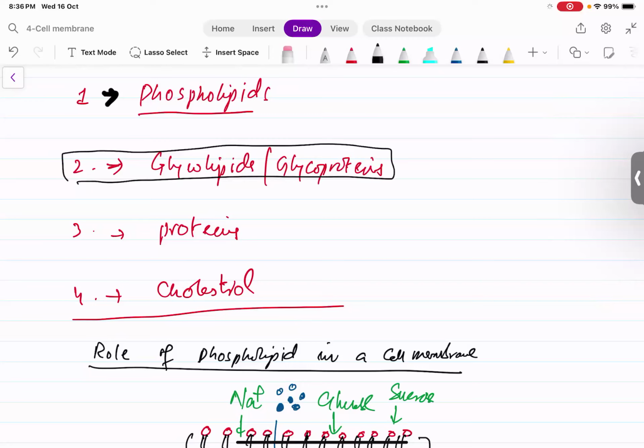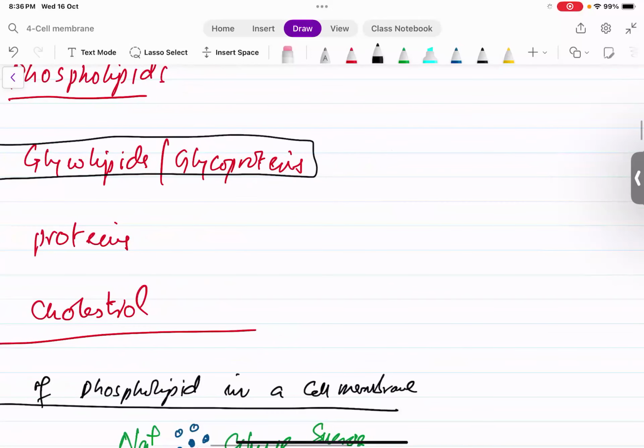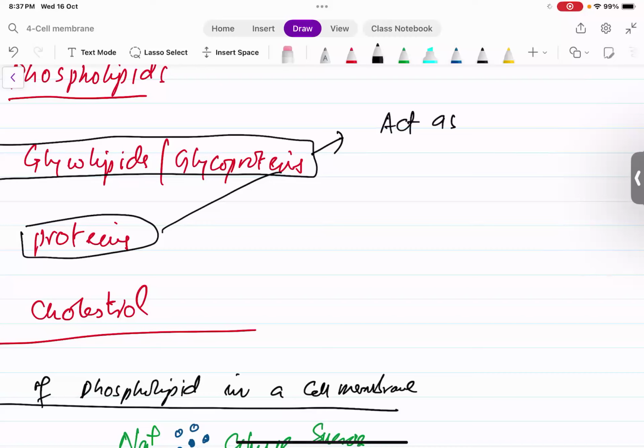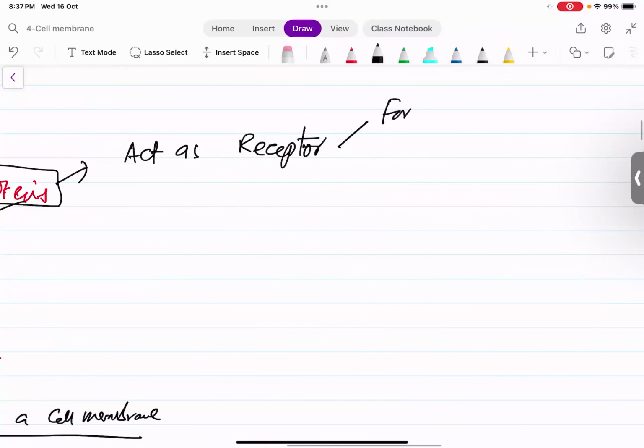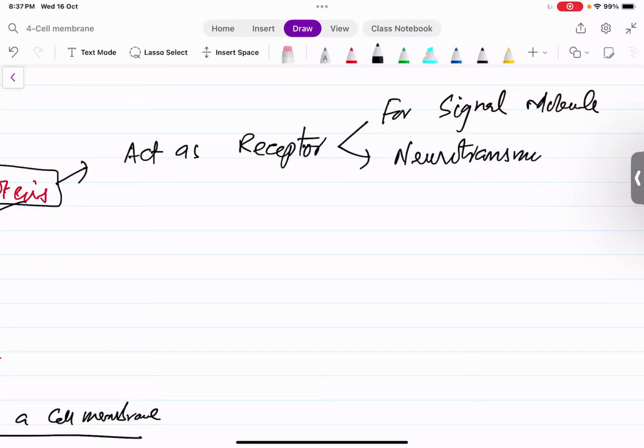We'll discuss in detail in other topics, but these glycolipids and glycoproteins, even proteins together, act as receptors for signals or chemical signal molecules, and they act as receptors for neurotransmitters, and maybe for hormones.